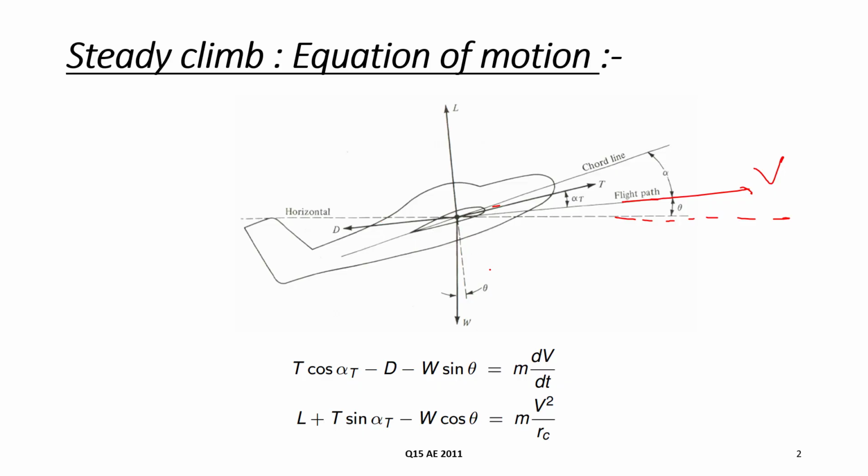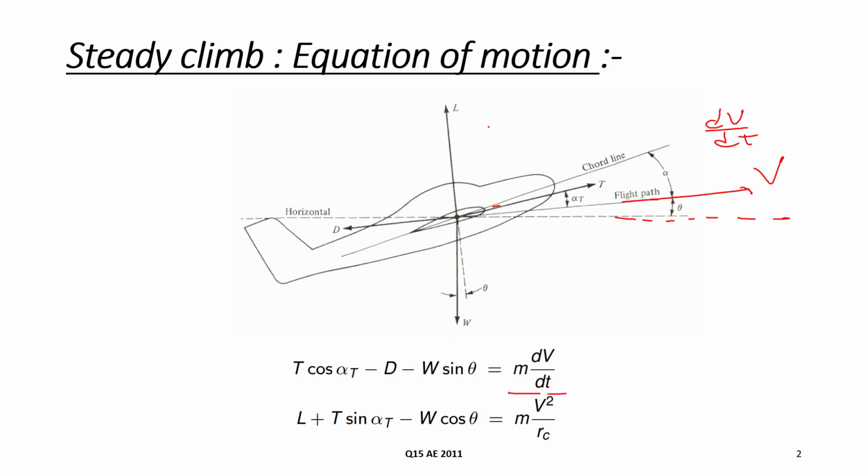Now we will resolve forces perpendicular to the flight path and along the flight path. Along the flight path, thrust will be T cos alpha T, drag will be minus D, and component of weight will be minus W sin theta. This force will be equal to mass into acceleration, let's say acceleration is dV by dt.